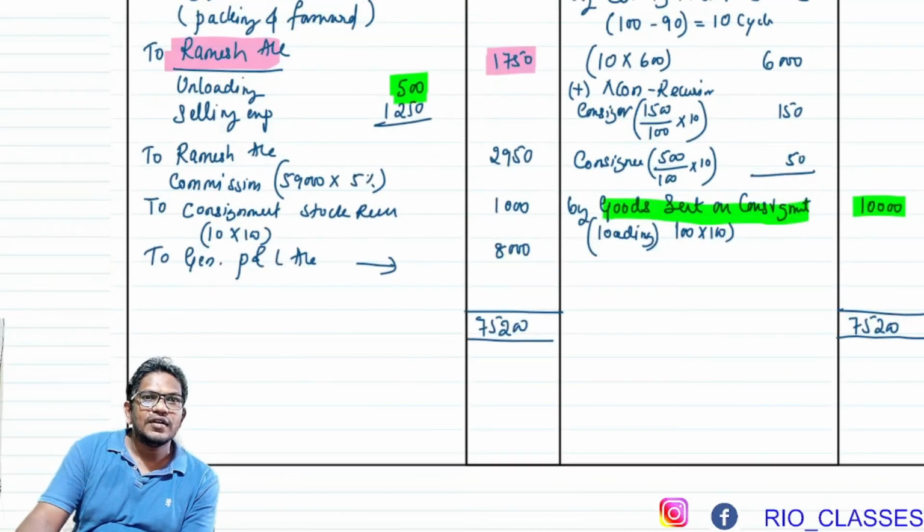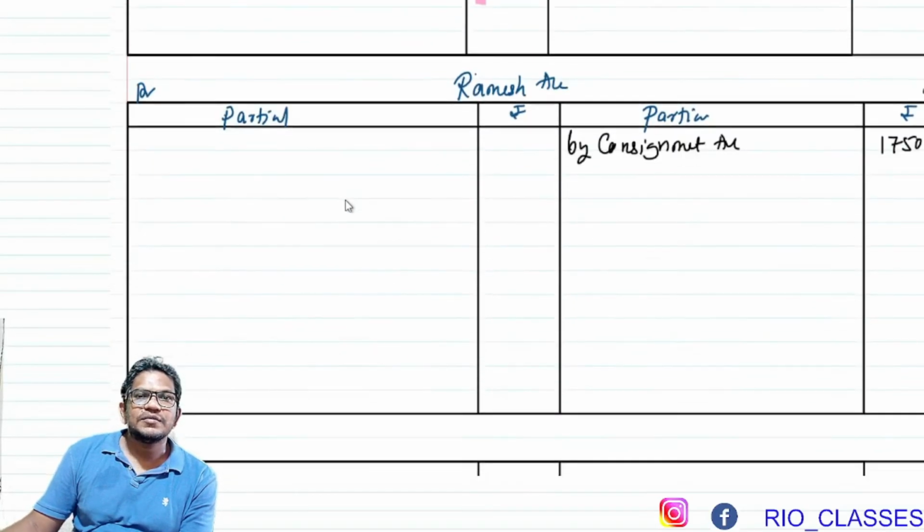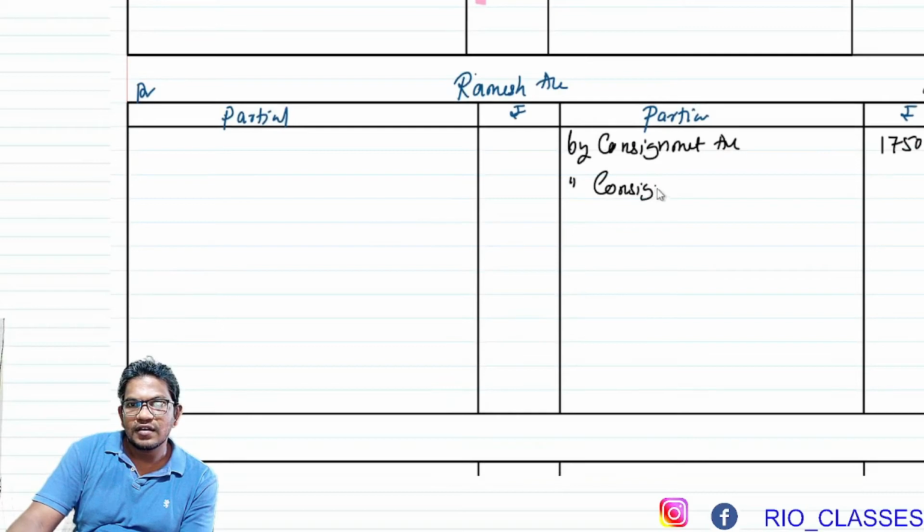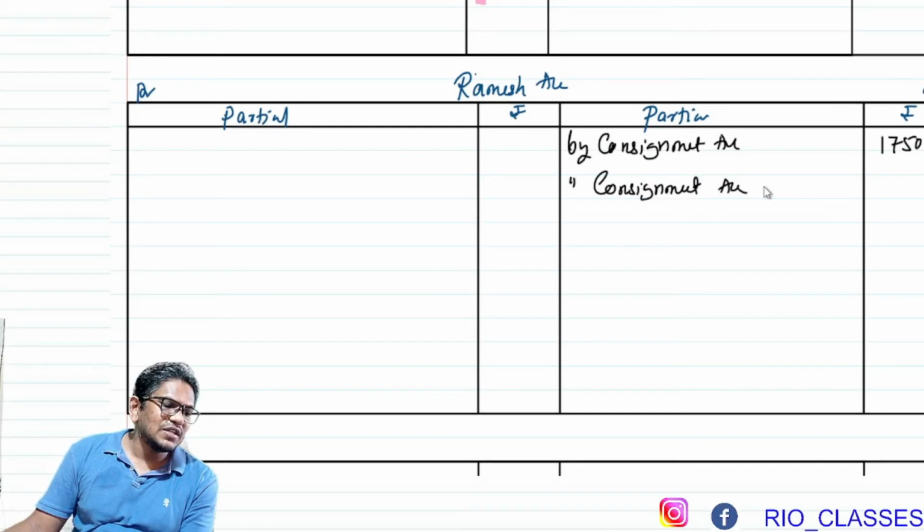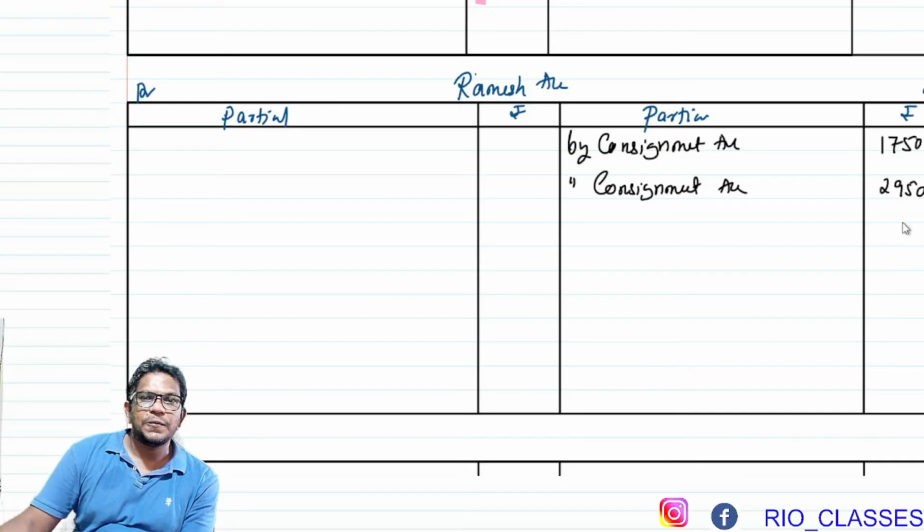All right. At the same time, just go up again. Just have a look here. Here, they gave Ramesh, right? That is 2,950. Debited, make a credit. Very simple. By consignment account. How much was it? 2,950.